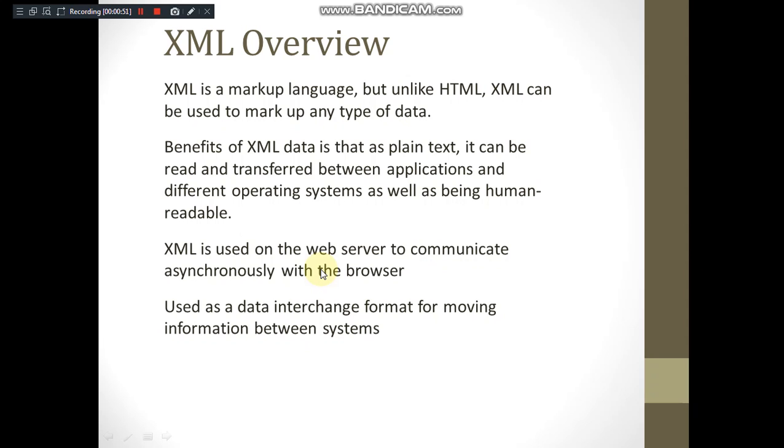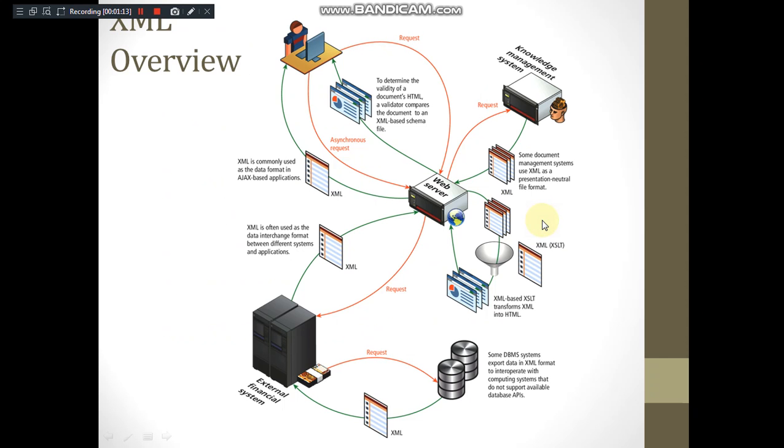It has its own benefits: the data is plain text. It can be read and transferred between applications and different OSs, as well as being in a human readable form. XML is used on the web server to communicate asynchronously, and used as a data interchange format for moving information between systems also. These are all the advantages.